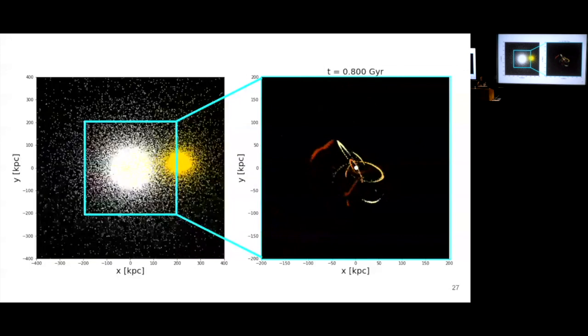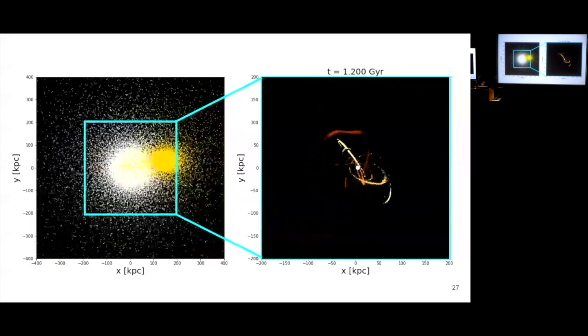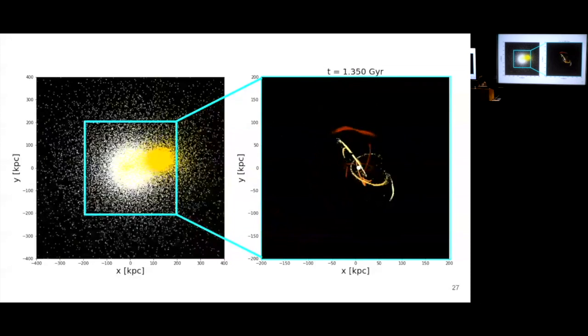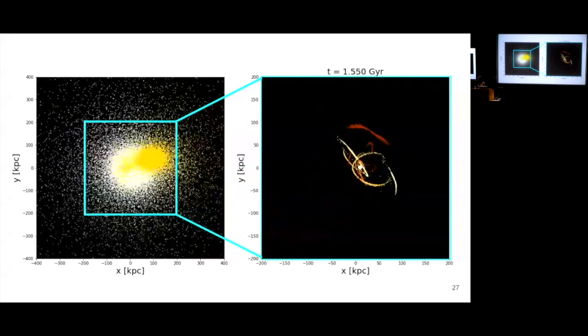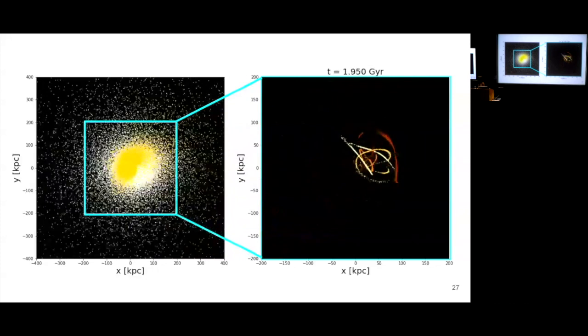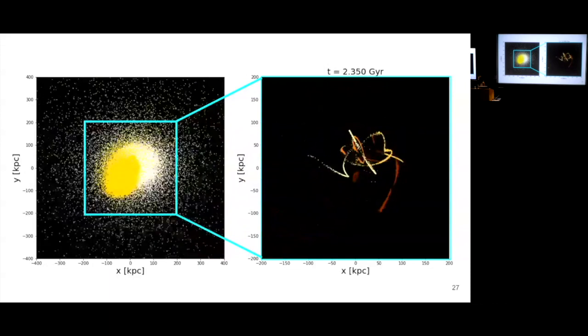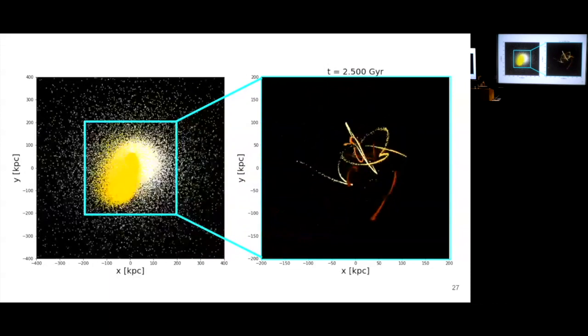I was looking at this, and I have one question: how did you decide how large to make the merger? It looks like they're both spherically symmetric in this merger. What was the ratio of the masses?